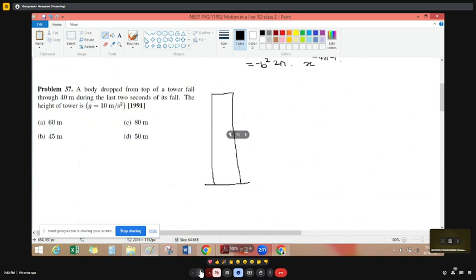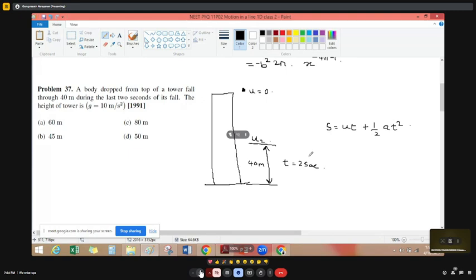Or I can take, so what I can do is, let's say I don't know this velocity at this point, right? I'm going to take it as u2, the initial velocity for this point, because they are not given that. I know that s is equal to ut plus half at square.